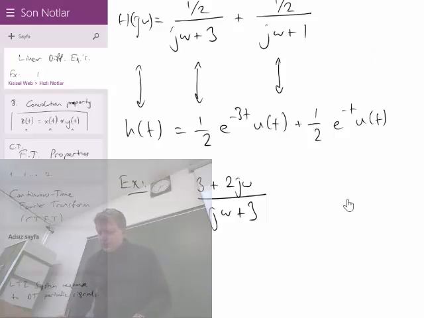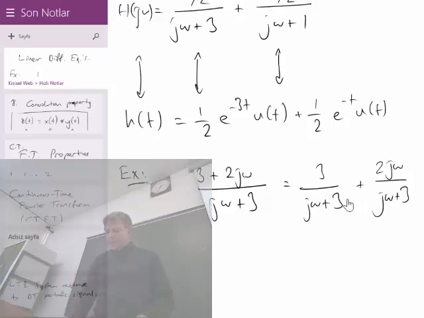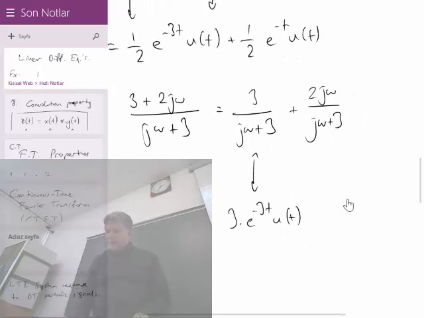The way to attack such a problem is to separate, first of all. Like this. First separate it, split it. Then the first one will be 3 times e to the minus 3t u of t. How about the second one?